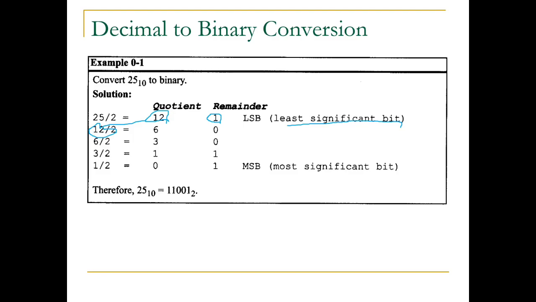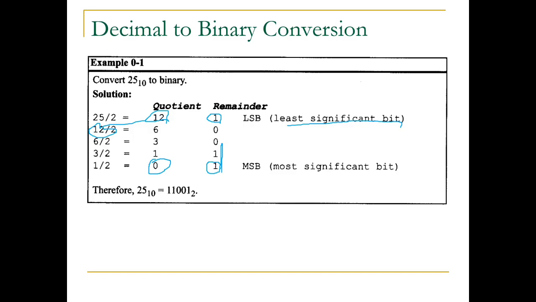Proceeding this way, when the dividend becomes lower than the divisor, we stop here because we get a quotient of 0 and some remainder.